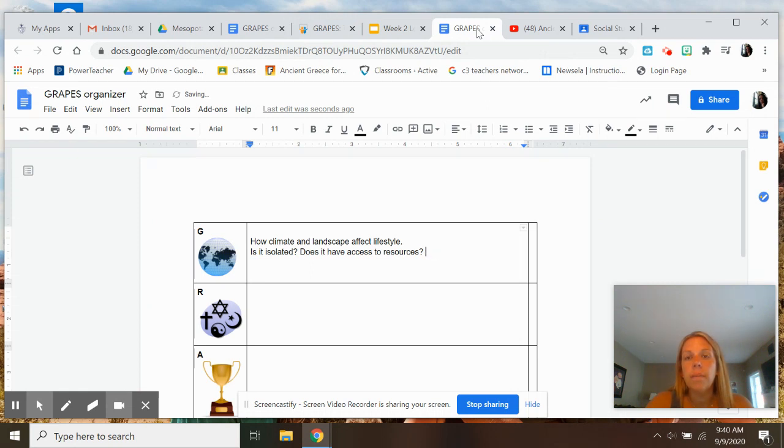Can it culturally exchange? Is it open to invasion? So climate and landscape, the geography, the land that is available, where it is located, is what the geography means.